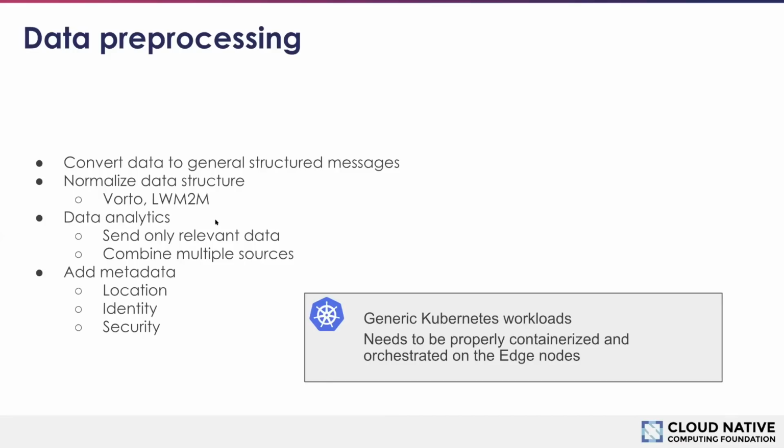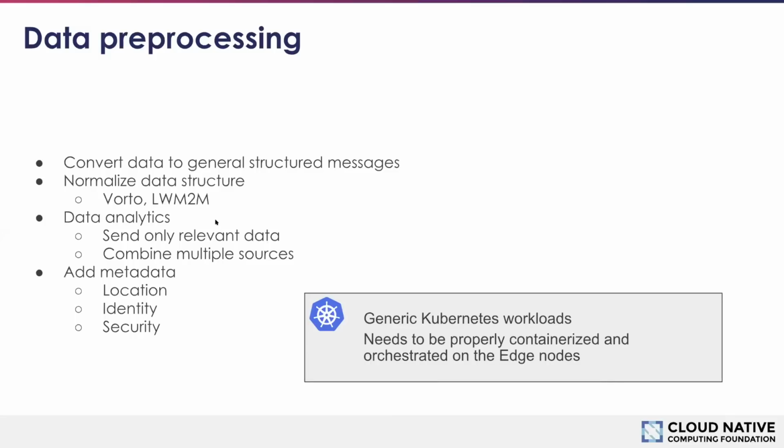We can do basic normalization of the data structure read by devices to make it easier to identify the context of the data later on in the applications. And we can add a lot of metadata about location, identity, origin of the data, and add the necessary security context to the data.